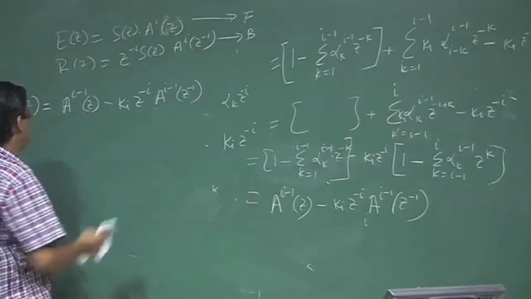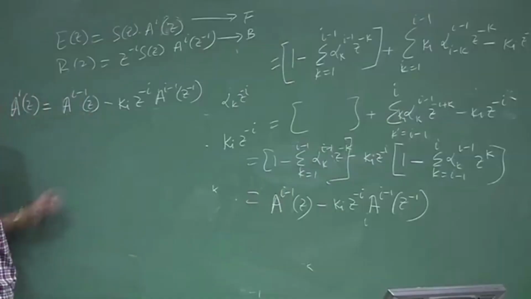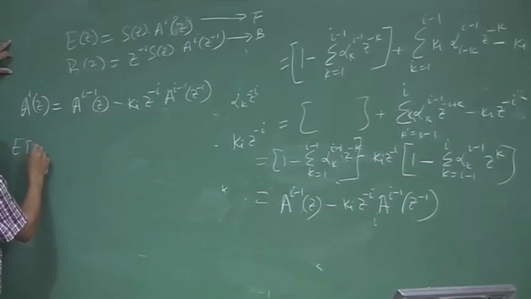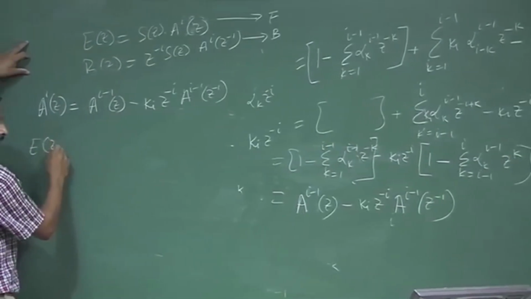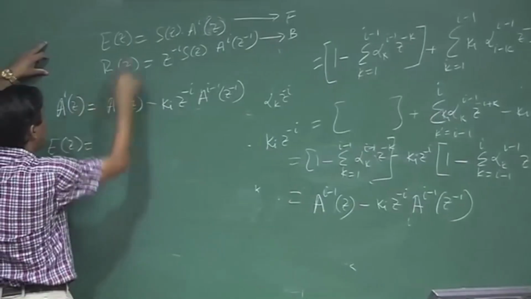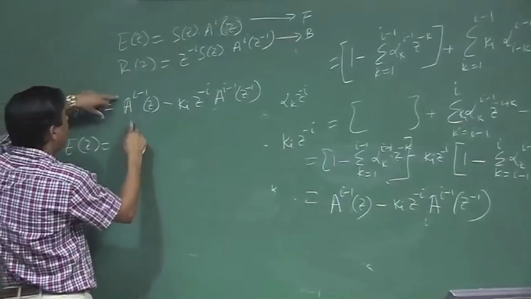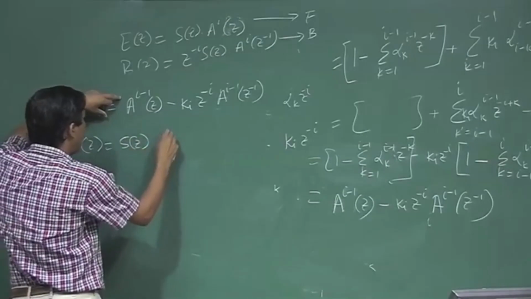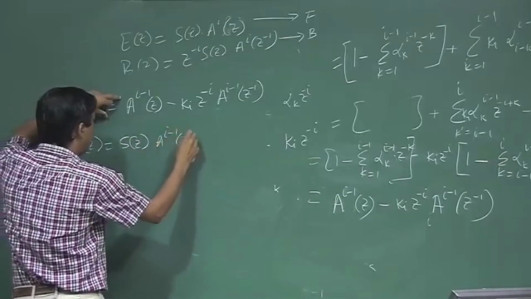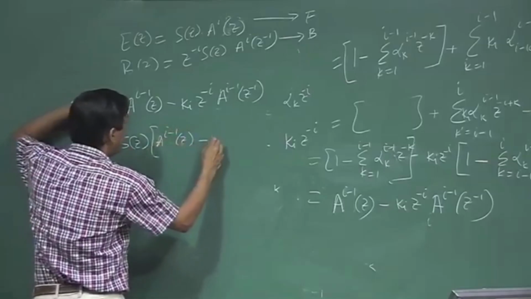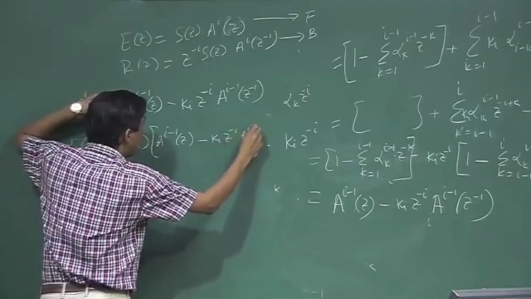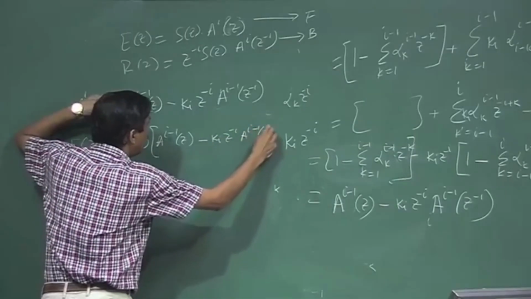Okay? If it is that, then what is the forward prediction error? I can say E i of z is nothing but S of z into A i of z. So instead of A i, I can put this one: S of z into A i minus 1 of z, minus k i z to the power minus i A i minus 1 of z to the power minus 1.